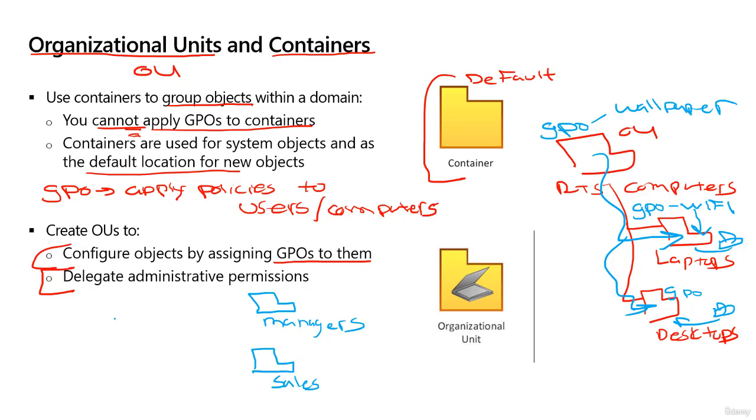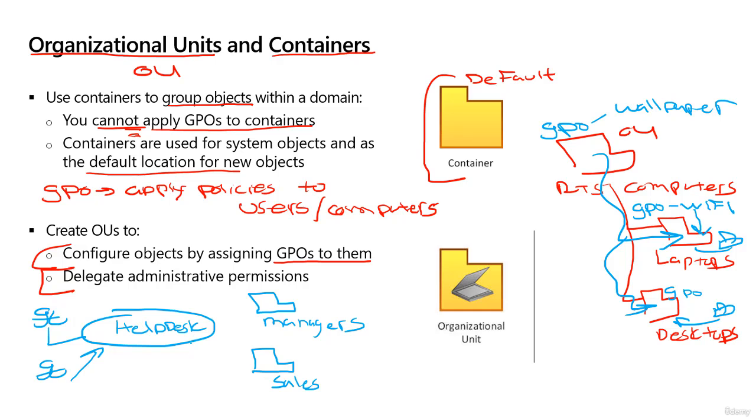Well, what if I have a group named Help Desk? We talked about groups a moment ago, to simplify assigning permissions. But let's say in my group, we have all the users that work on the Help Desk as members of this group. We've decided this initial tier of the Help Desk should not be able to reset passwords for managers, but they should be able to reset passwords for sales users.